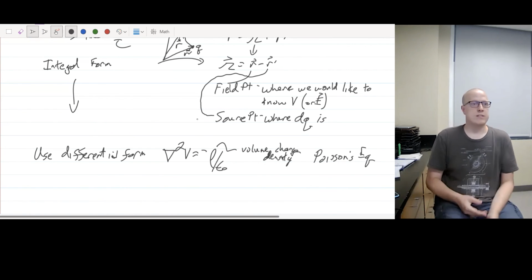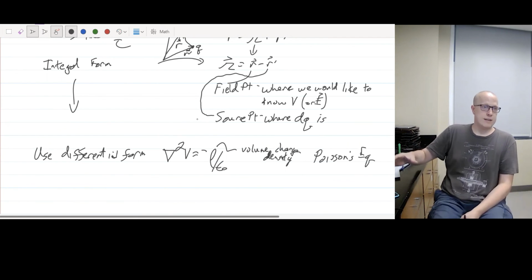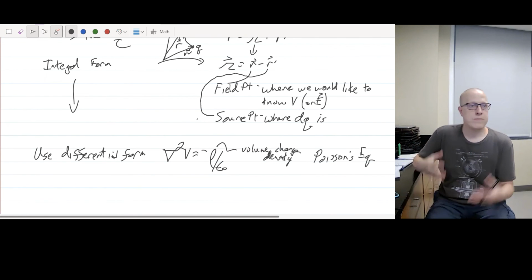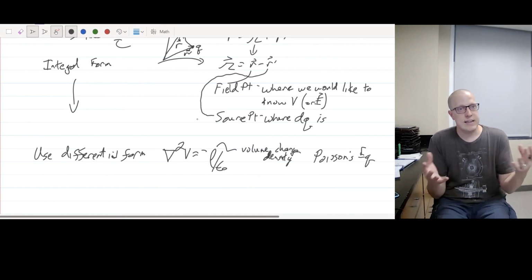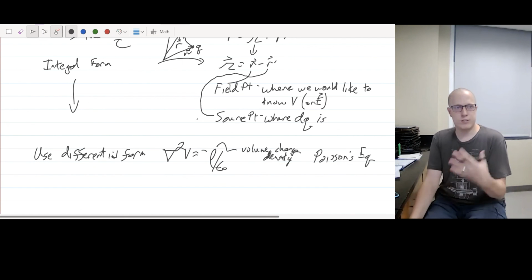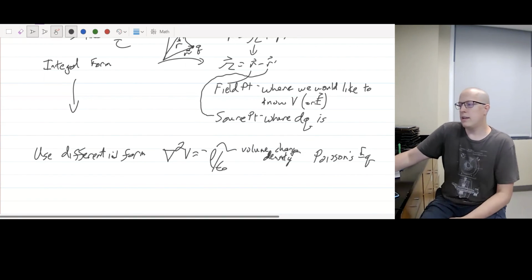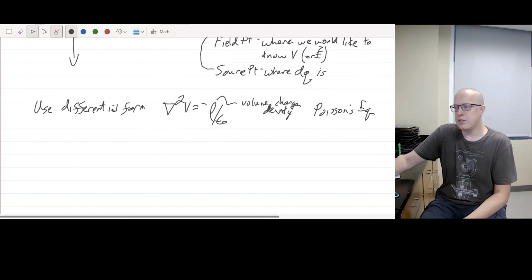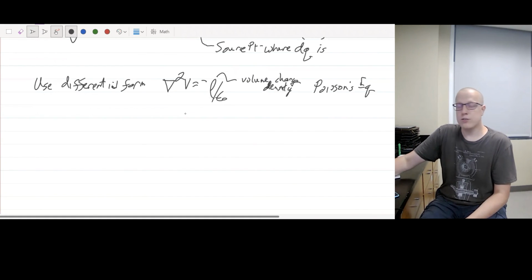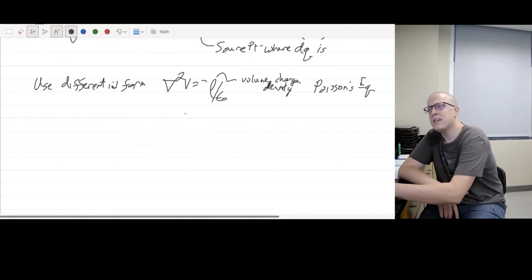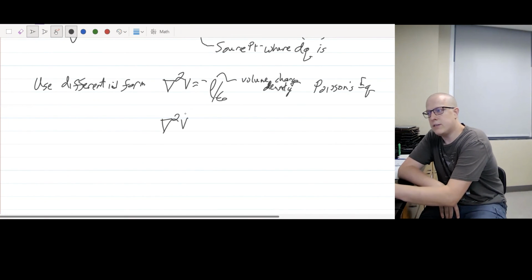Poisson's equation says if I have some charge density, like a volume charge density rho, I can set up a differential equation, an equation that has some derivatives in it, and figure out what the potential is due to that charge density. Now there's another version of this that is del squared V equals 0.